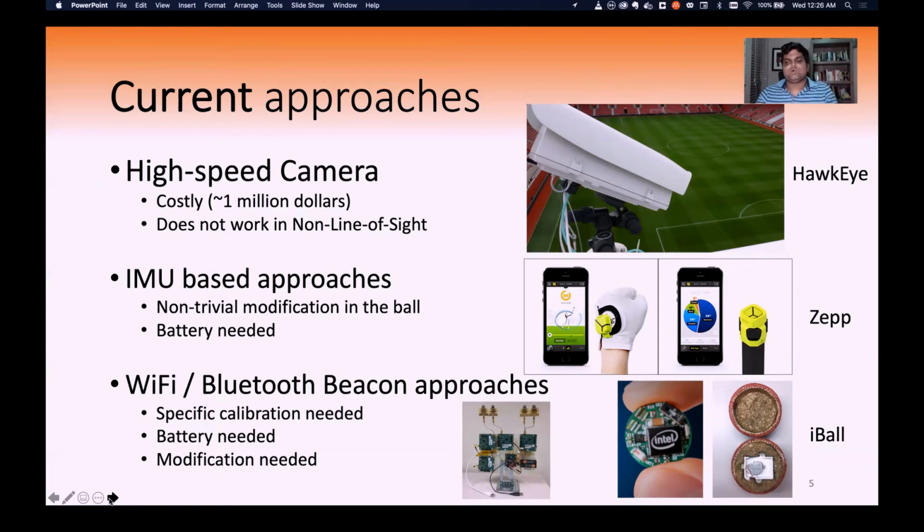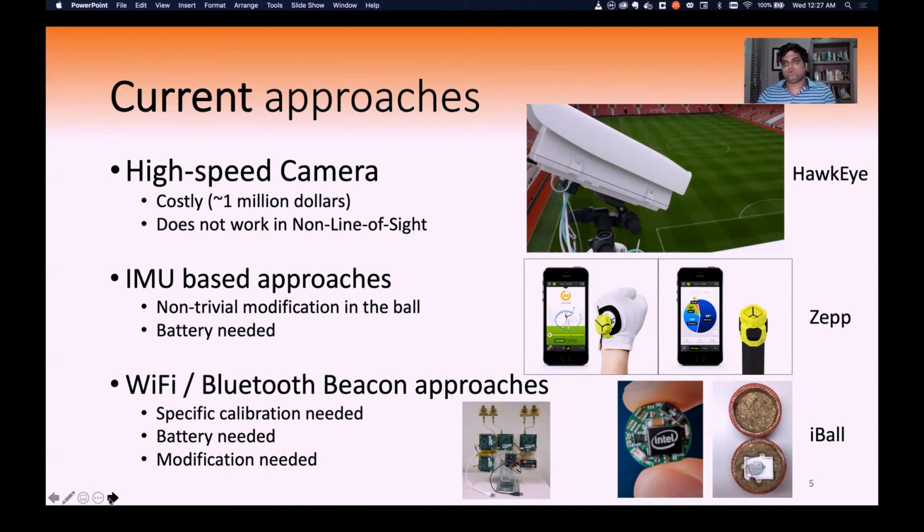But for this, we need very accurate, specific calibration because we need perfect localization of the ball. This solution also needs a battery, and there is non-trivial modification of both the ball and the playing conditions, because you require a huge antenna array.